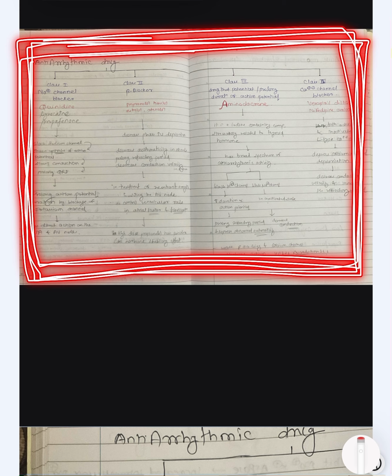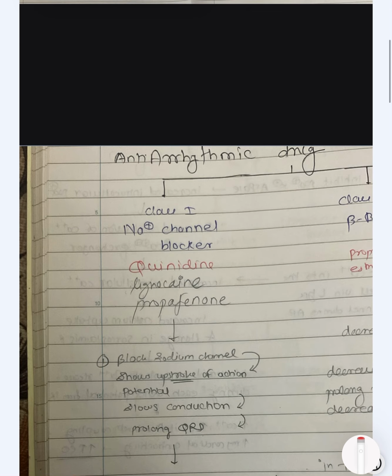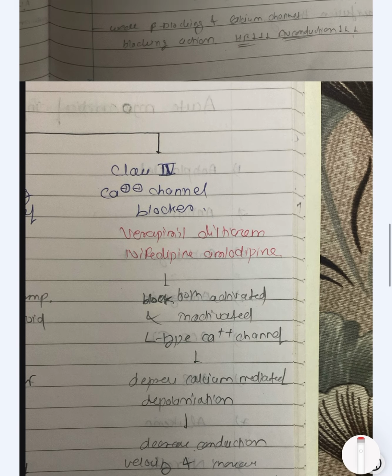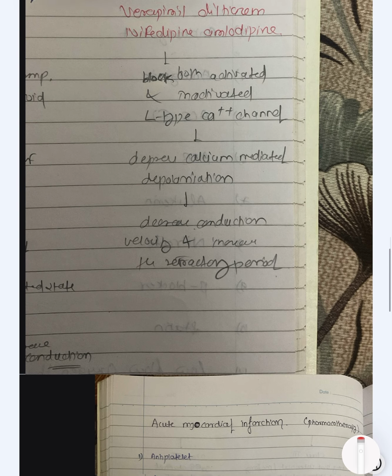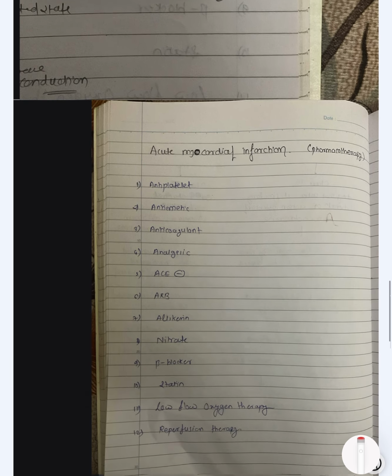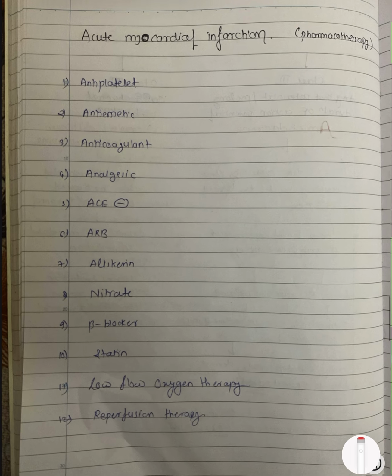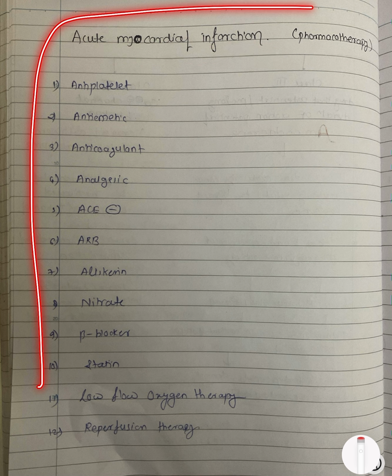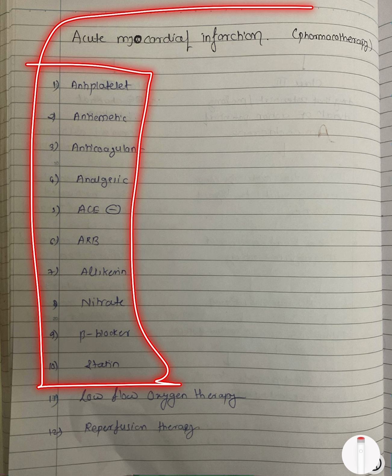I will also tell something about the drugs which are used against myocardial infarction in the same video, because all the groups of drugs that we are discussing in the myocardial infarction topic we have already discussed elsewhere. So these 10 categories are what we use against the disease myocardial infarction.